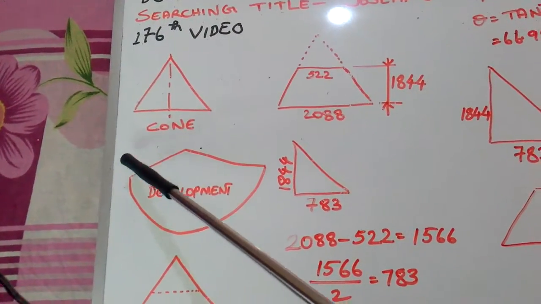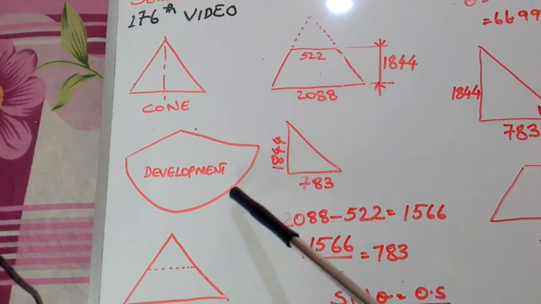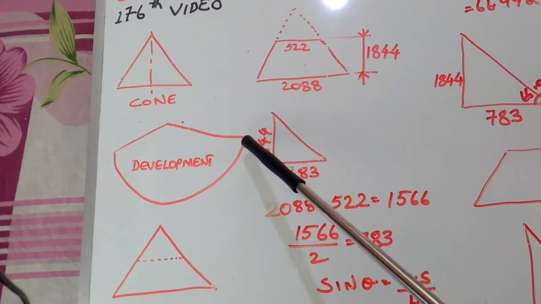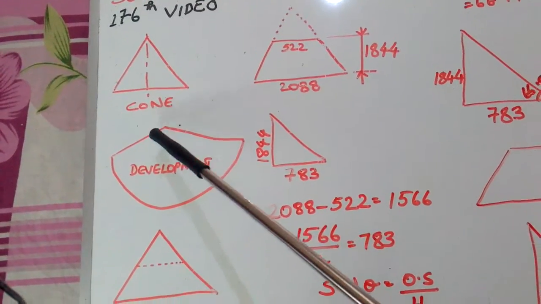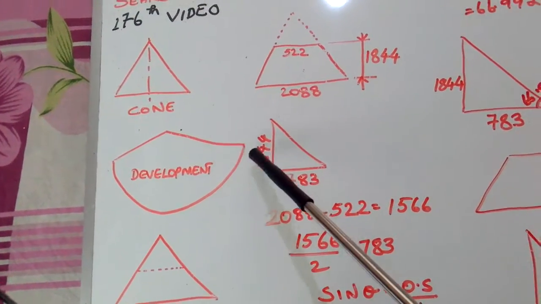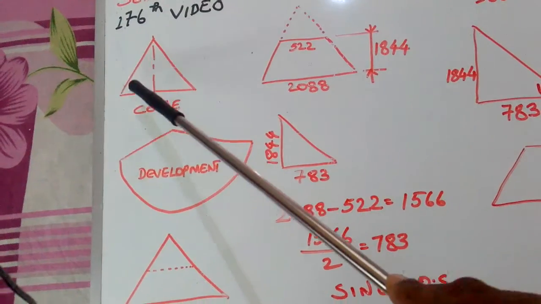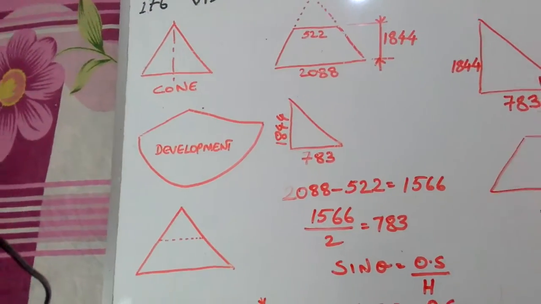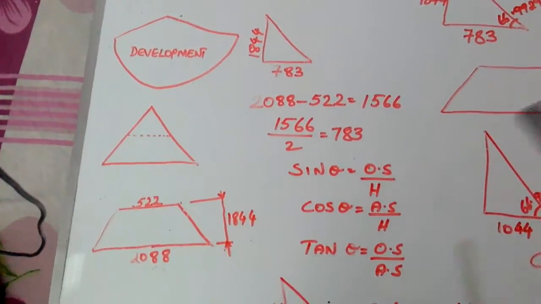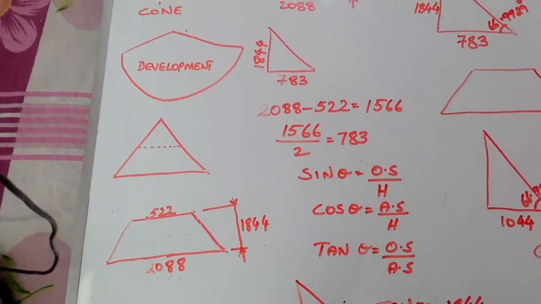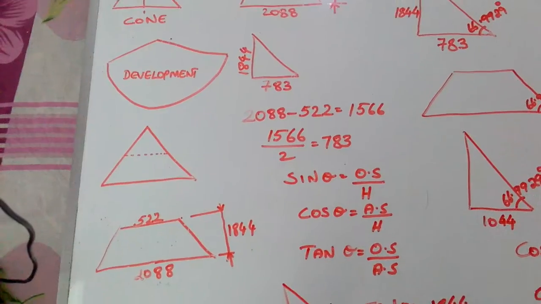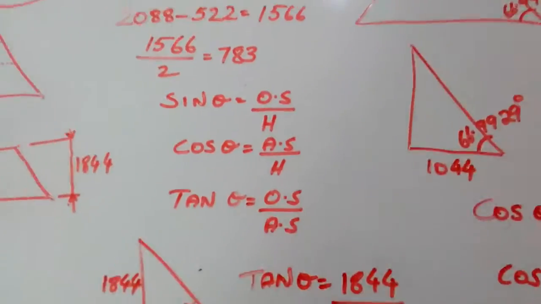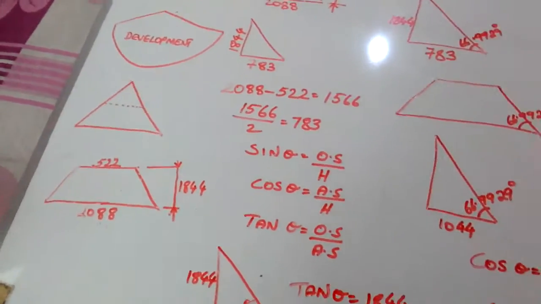Actually, it was a full round. A certain portion of this full round is this many degrees, and we need this many degrees only. So we avoided the other portion of the round. Actually, it was a round in this shape. So first of all, for making this kind of cone, we have to make a round. If we have to make a round, how much will be the radius of the round?